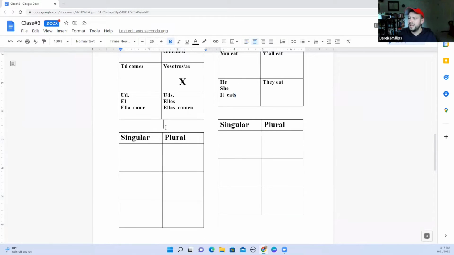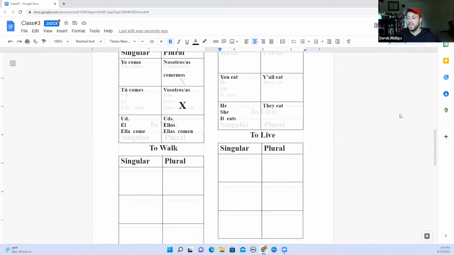Let's take to walk and to live. So take a few minutes to see if you can complete the forms of each verb. Take your time and remember to write or to type the pronouns as well. This is good practice so that you remember next time in a conversation.